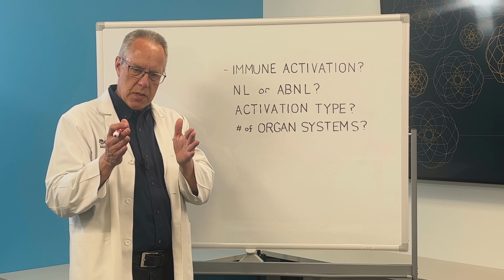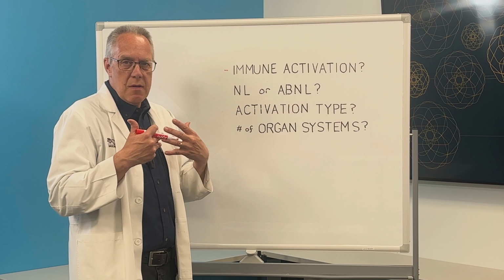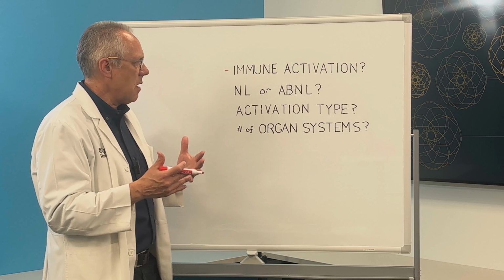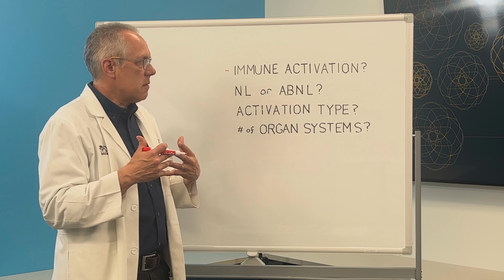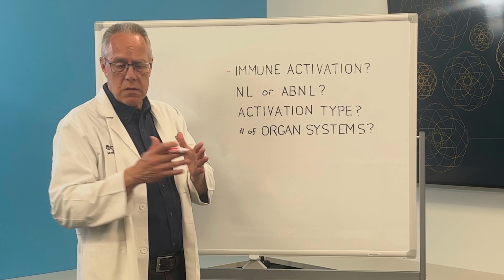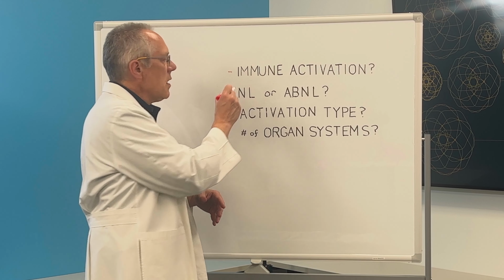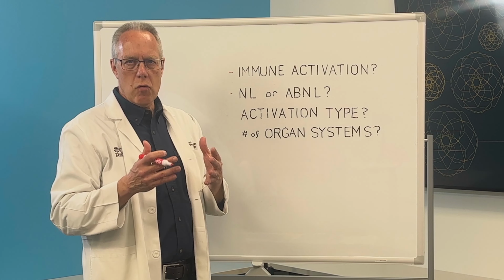Then the next question is, is it activated normally? Just because the immune system is activated doesn't mean you have a disease state. It means that there's something driving the immune system to accelerate and turn on. So the next question we have is, is the activation normal or abnormal?